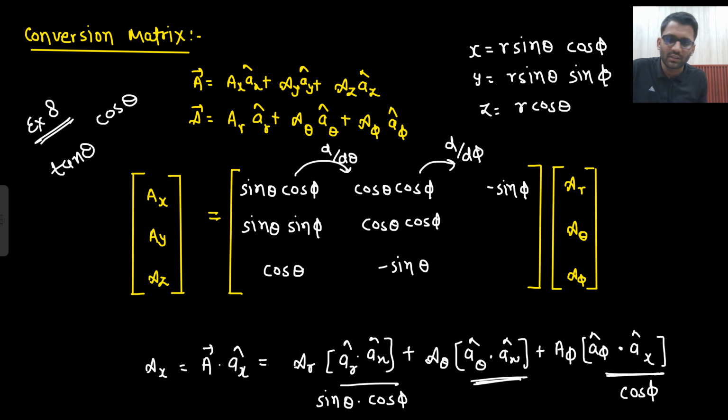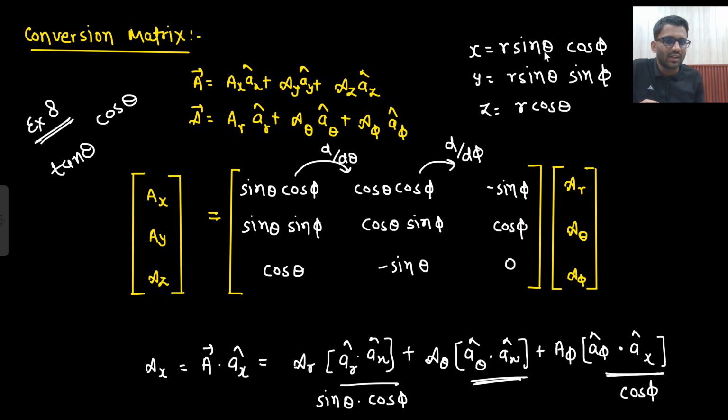Differentiation of sin, what would that be? Cos. And differentiation of sin theta with respect to phi would be 0. Did you understand how I wrote this table? Ax, Ay, Az, Ar, A theta, A phi. X equals R sin theta cos phi, Y equals R sin theta sin phi, Z equals R cos theta. This I already know.